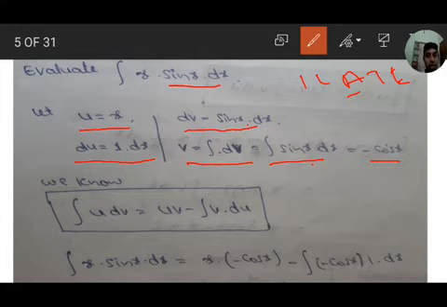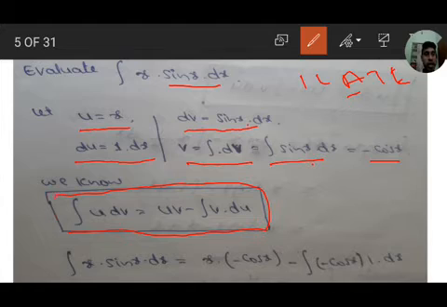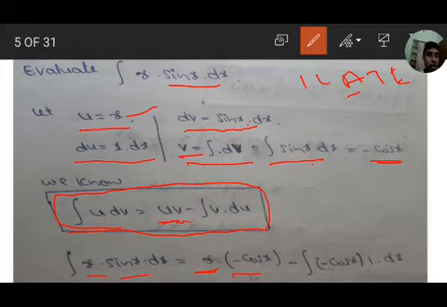So substitute in the formula. We have the formula integration u into dv equal to uv minus integration v du. Integration of x into sin x dx equal to u means x, and v means minus cos x, minus integration of v, minus cos x, into du, 1 into dx.